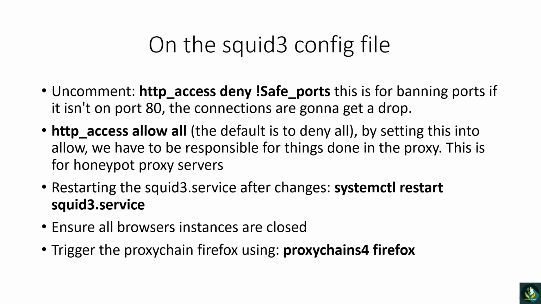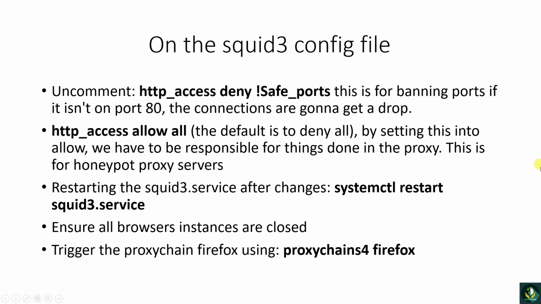Now what you have to do is configure the SQL file. As previously described, you have to uncomment certain things. So uncomment this, and this is for banning ports. If it isn't on port 80, the connection is going to get dropped, and this command by default denies all the permissions.